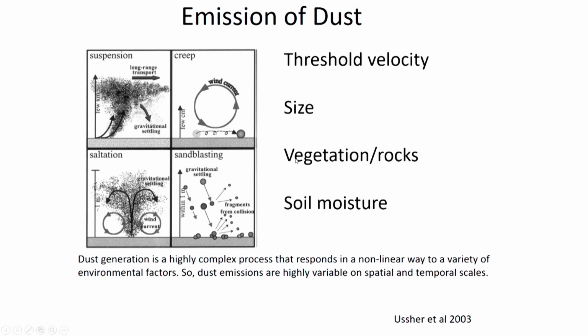radiative balance. Okay, so for emission of dust, how this dust is emitted, you need to have a threshold velocity, a minimum size, vegetation, whether it is a rock type or vegetation there, and then soil moisture. These four things will actually be affecting the emission of the dust, and hence these aerosols are, for example, uplifted up in the atmosphere.